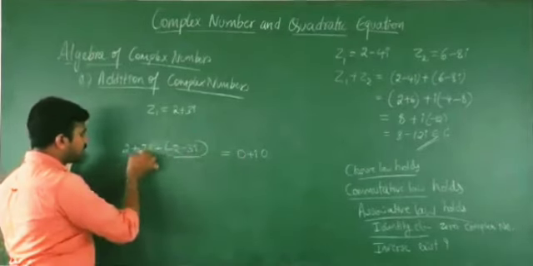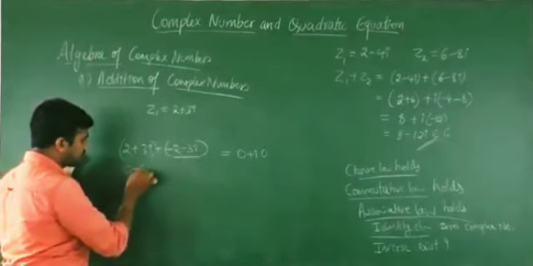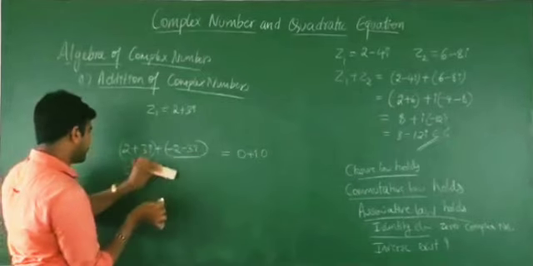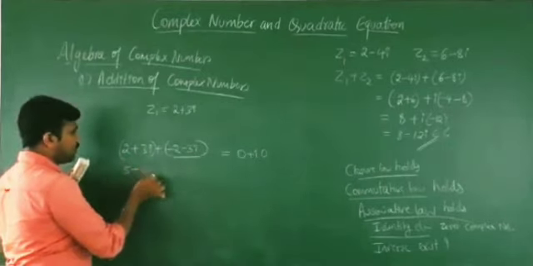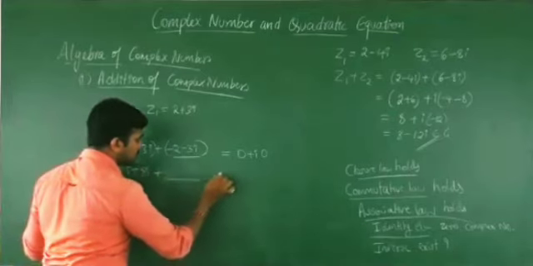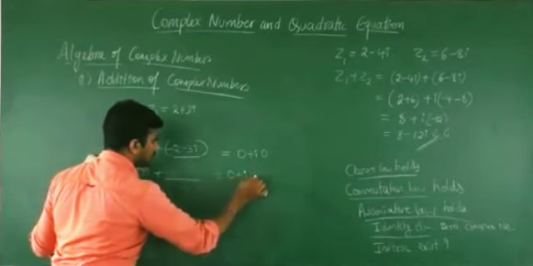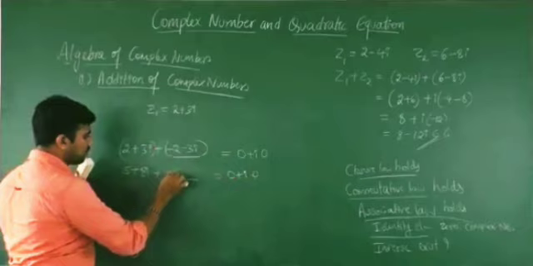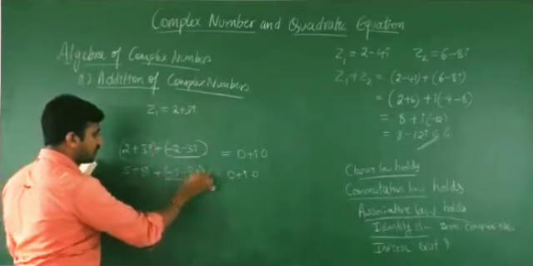Similarly, if you consider any other complex number, 5 plus 6i, okay, or 5 plus 8i. Now, which number should I add with this to get 0 complex number? That is minus 5 minus 8i.